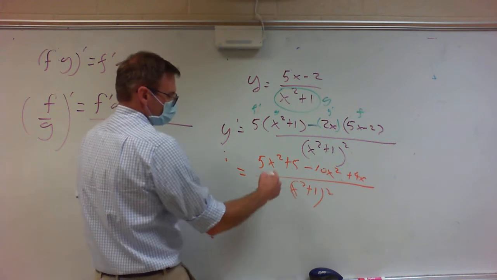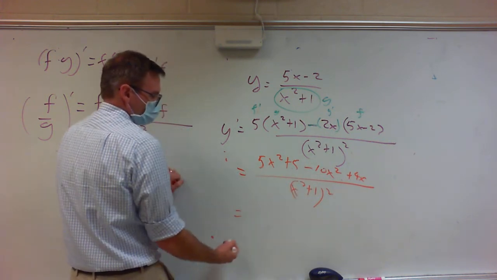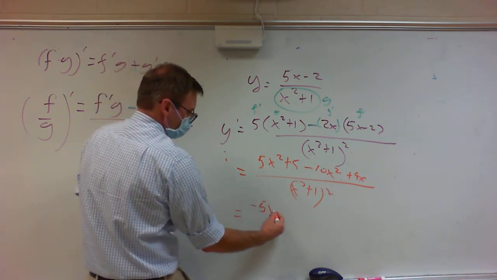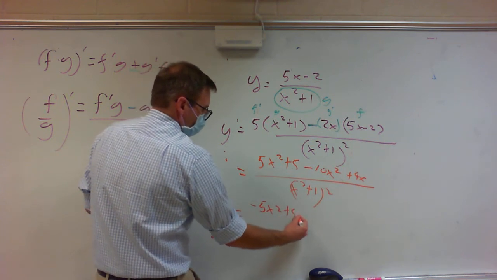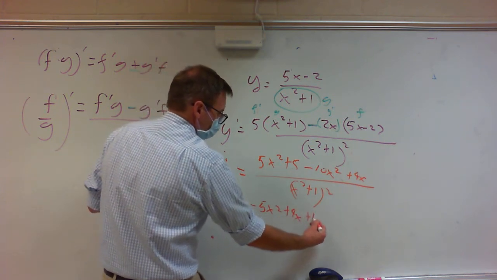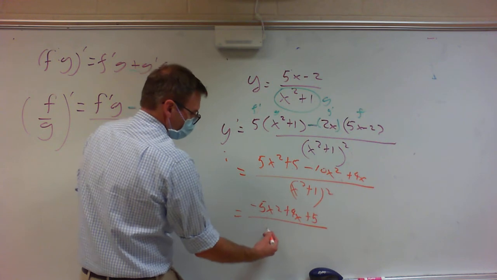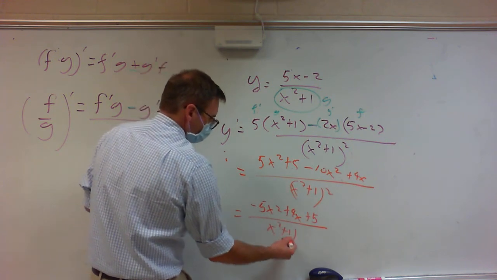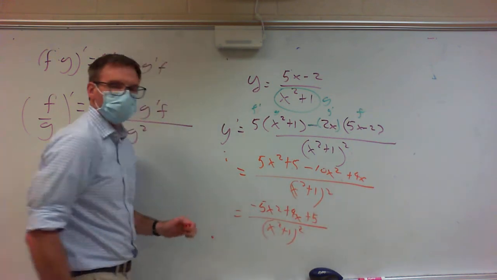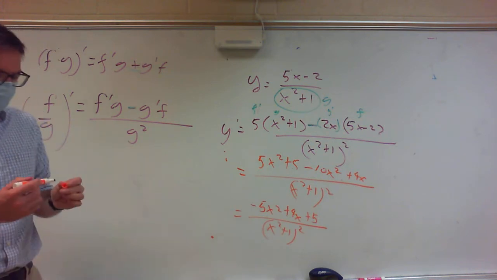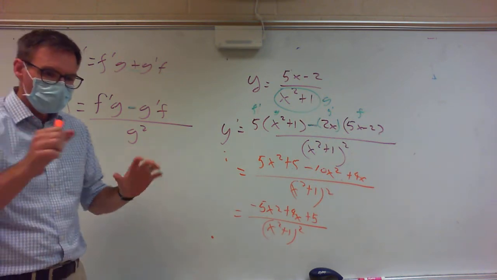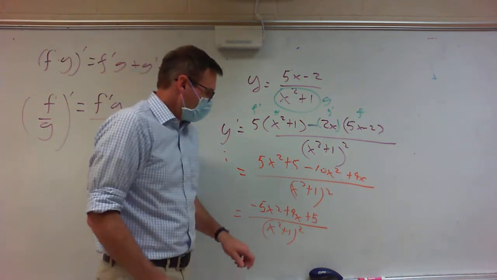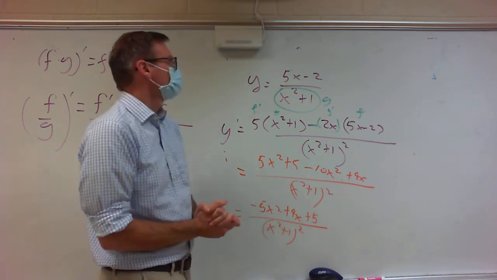And my final answer, 5x squared minus 10x squared is a negative 5x squared plus 4x plus 5 all over that bottom squared, which is x squared plus 1 squared. Yay. Woohoo!